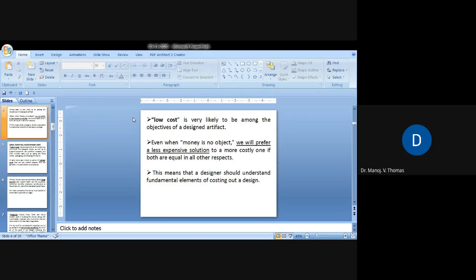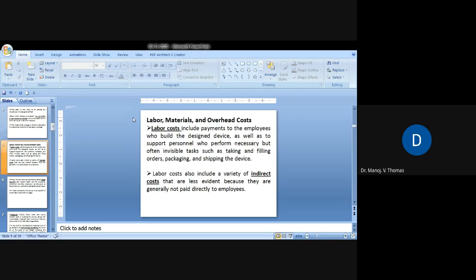A designer should understand the fundamental elements of costing out a design: labor, materials, and overhead cost. Labor cost, so manpower, includes payments to the employees who build the design, as well as support personnel who perform necessary but often invisible tasks such as taking and filling orders.